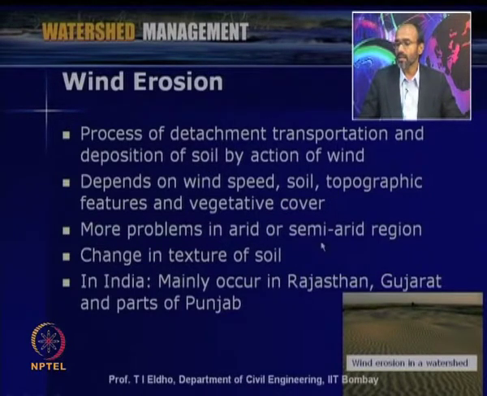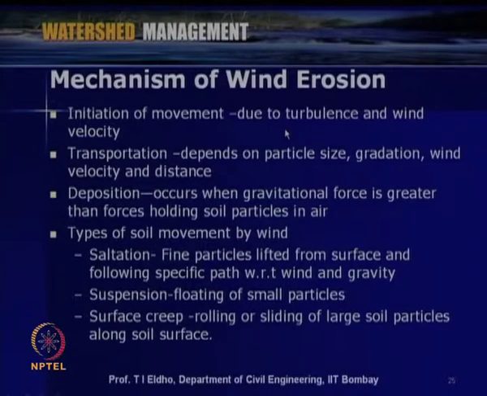This major issue occurs especially in arid or semi-arid regions, and it also depends on the kind of soil and the texture of soil. Say for example, in India, major wind erosion takes place in Rajasthan, Gujarat and some parts of Punjab. Now let us look into the mechanism of wind erosion.